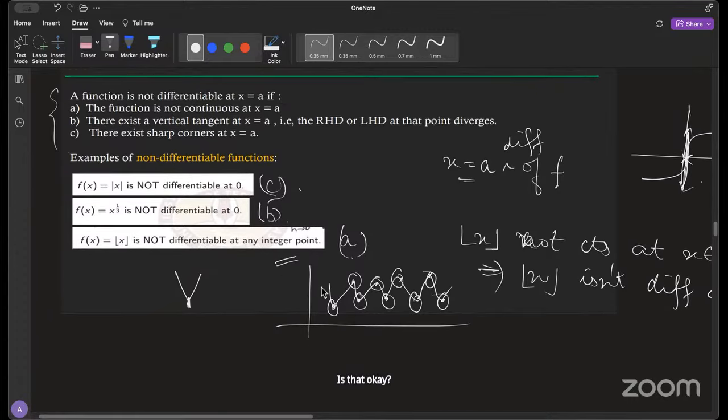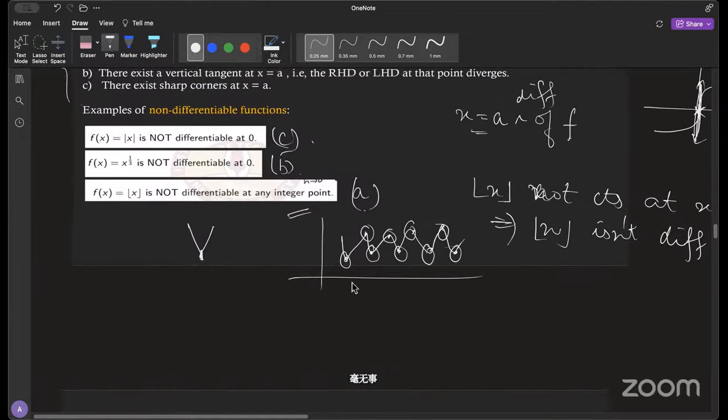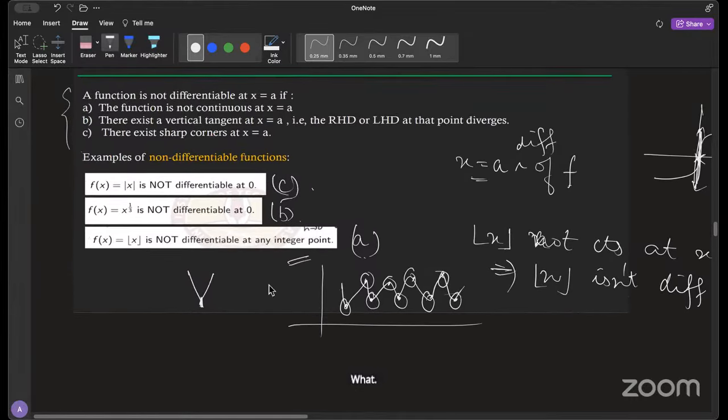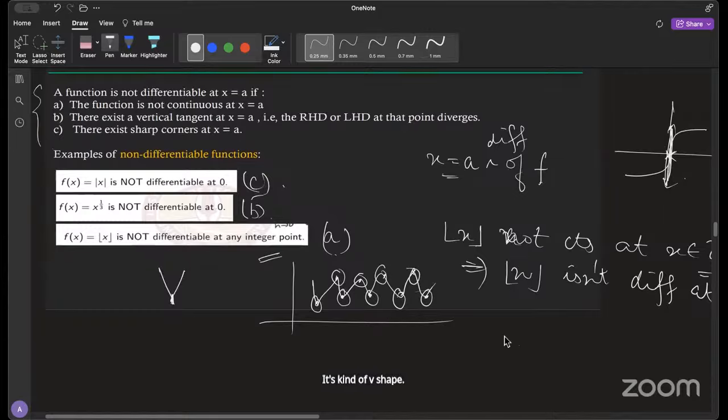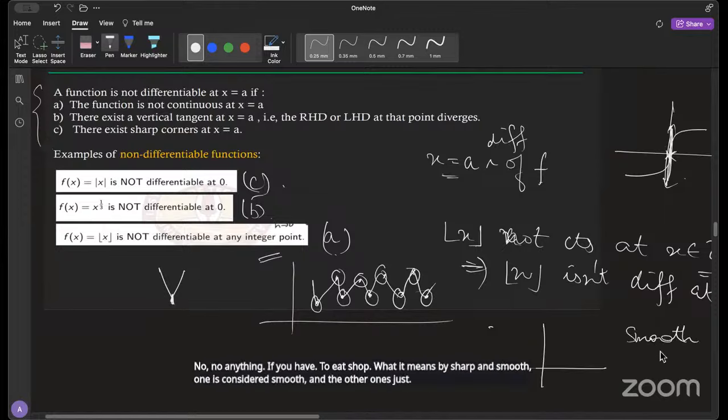Does the sharp point have any criteria here? How sharp is it? Is even a smoother bend considered sharp here, or is only a V shape considered sharp? No, see, what it means by sharp and smooth: one is considered smooth and the other is considered not smooth.